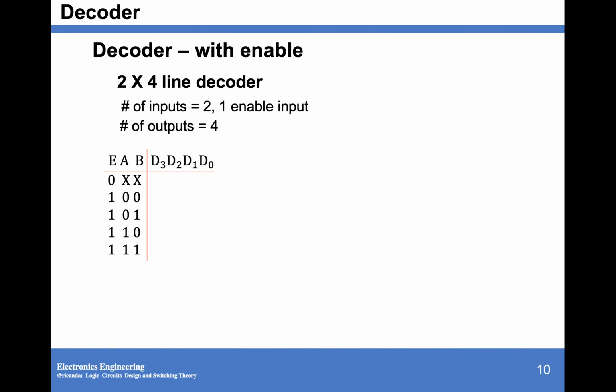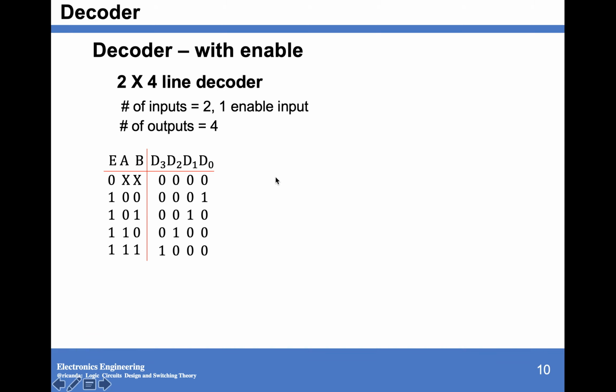So this is your truth table. If your enable is equivalent to 0, whether your A and B is either 0 or 1, all your outputs must be 0. If your enable is equal to 1, then your decoder will operate or function as a decoder.